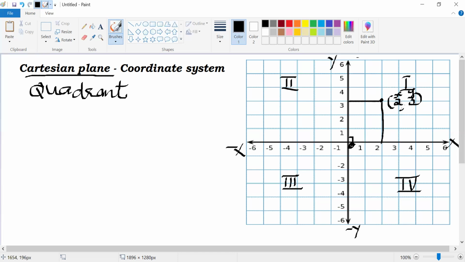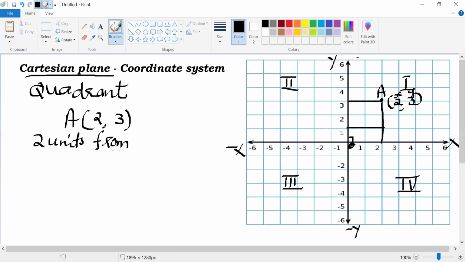If you want to name it, point A, and I write A(2, 3), the meaning is that point A is at 2 units from the y-axis, this horizontal distance, 2 units, and 3 units from the x-axis.